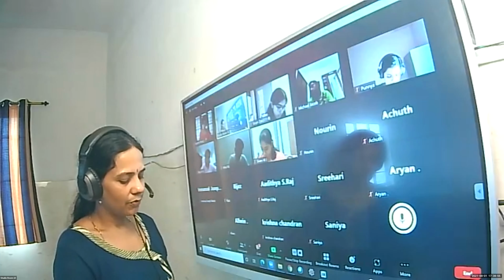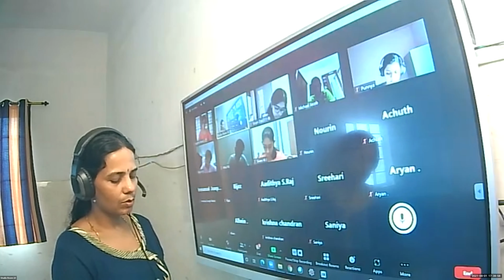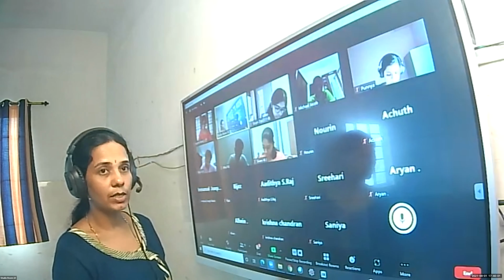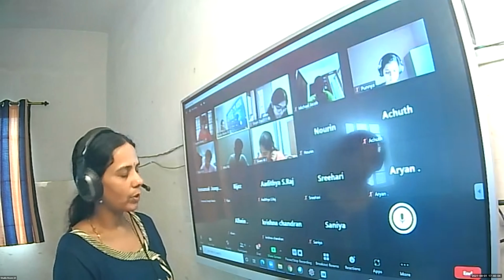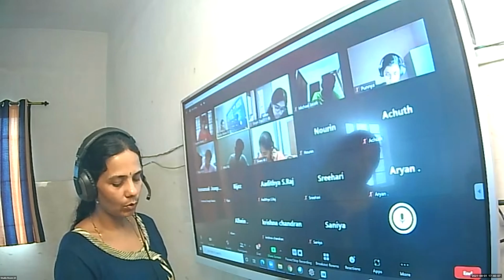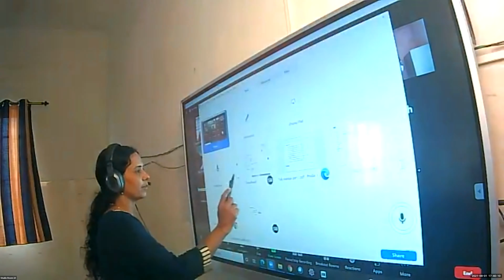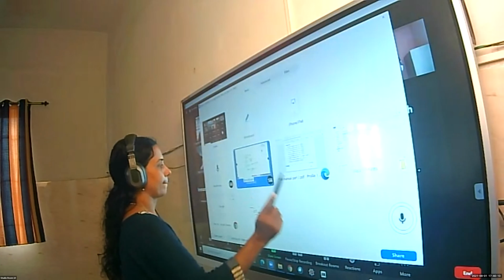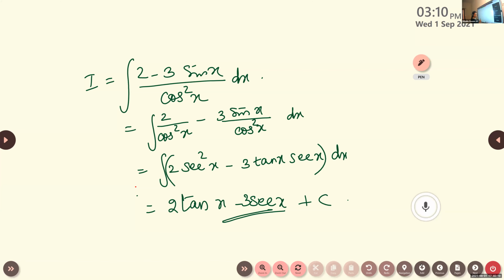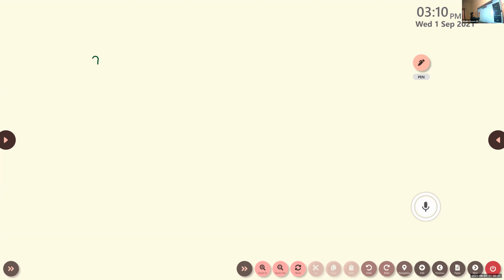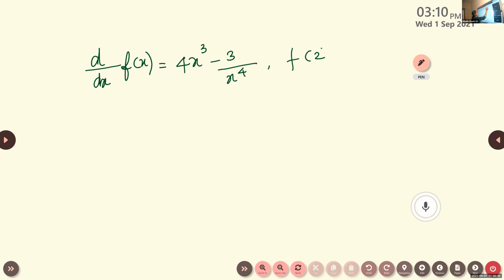Read the question. If d by dx of f of x is 4x cubed minus 3 by x raised to 4, such that f of 2 is 0, then what is f of x? We have to find f of x. It is given that d by dx of f of x is 4x cubed minus 3 by x raised to 4, with f of 2 is 0.